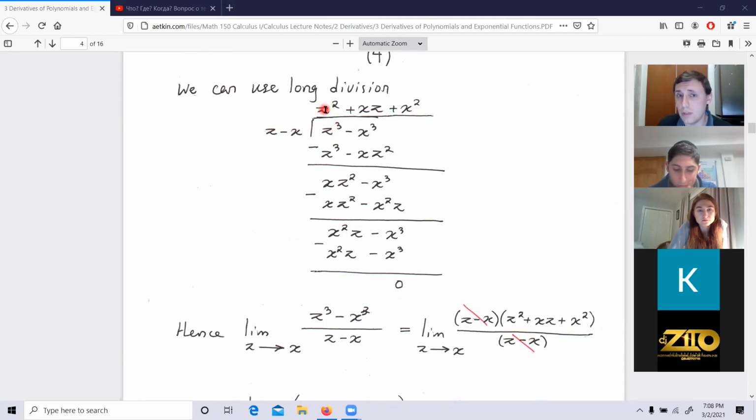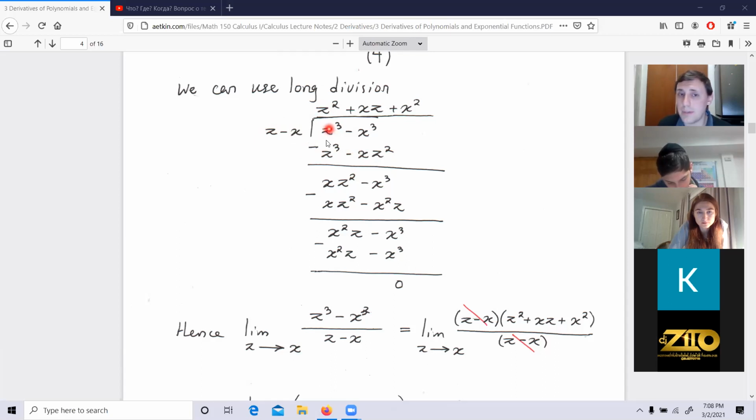So that's what I do here. And so what I subtract is z cubed minus x z squared. You understand? This is what I need to multiply by this to get z cubed. And then I multiply it and subtract what I created. You see this? It's just this expression multiplied by z squared.